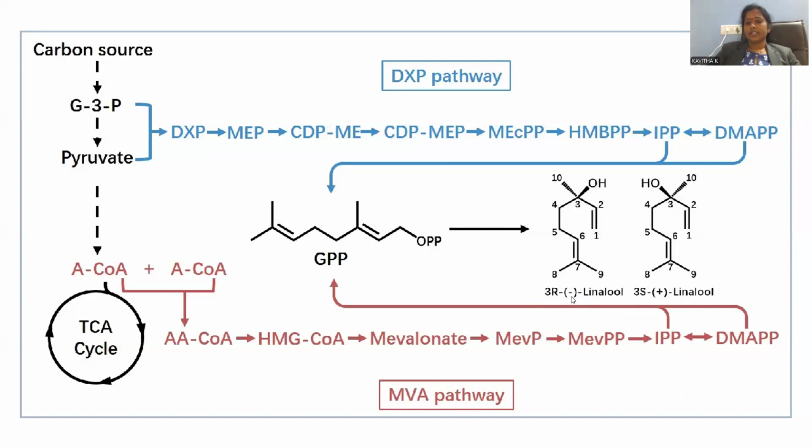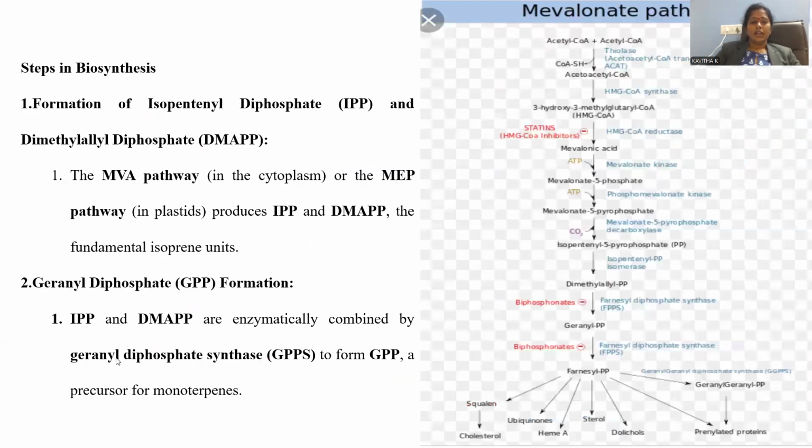Minus denotes it is the levorotatory, plus denotes it is the dextrorotatory. R is the absolute configuration at this chiral carbon atom, and S is the configuration at this chiral center. This is the way conversion of GPP into linalool is possible.